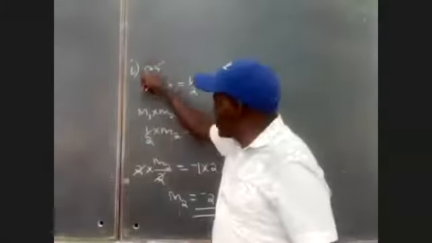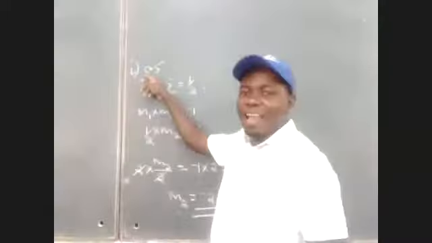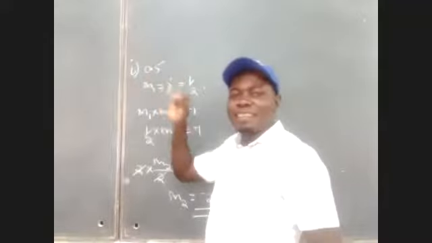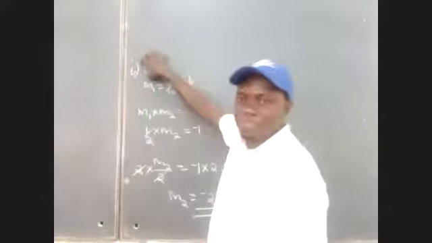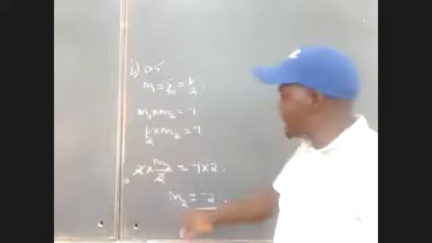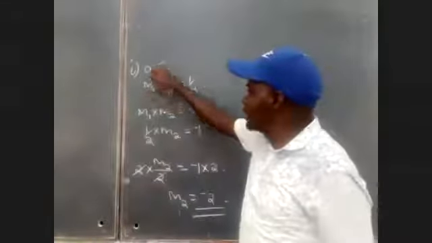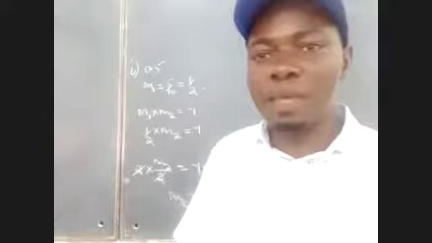Given the gradient of the first line, how do you get the gradient of the second line that is perpendicular to this first line? That's what we have done. M1 is the gradient of the first line, M2 is the gradient of the second line, and those two lines are perpendicular. Okay, thank you, teacher.